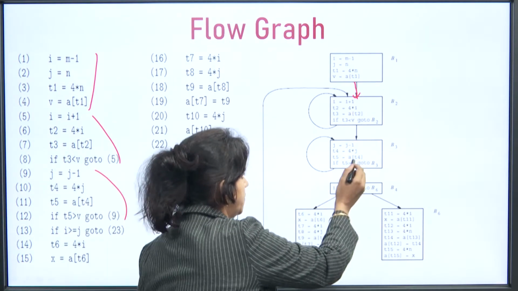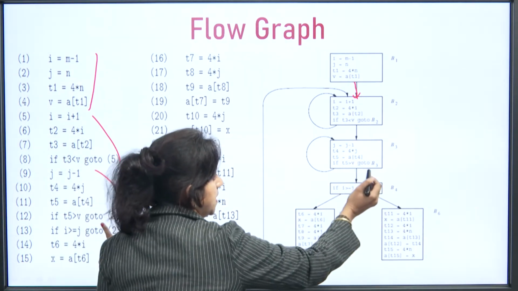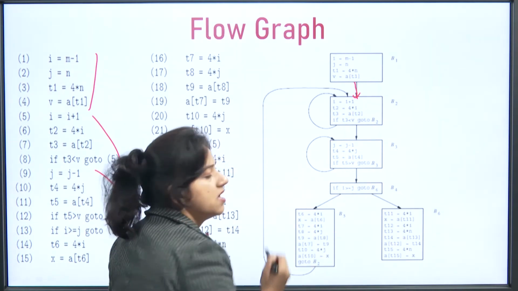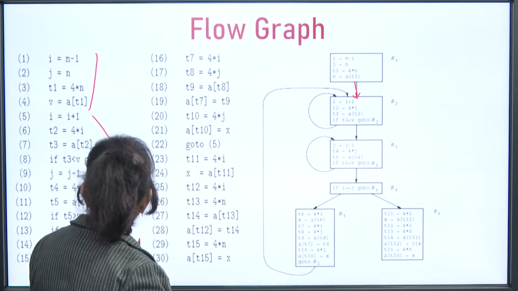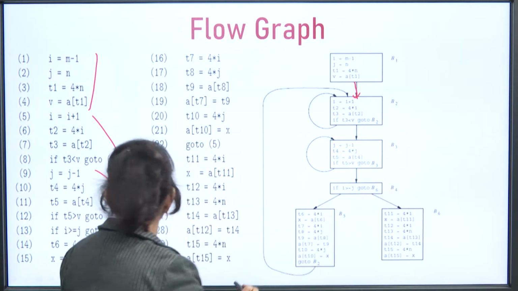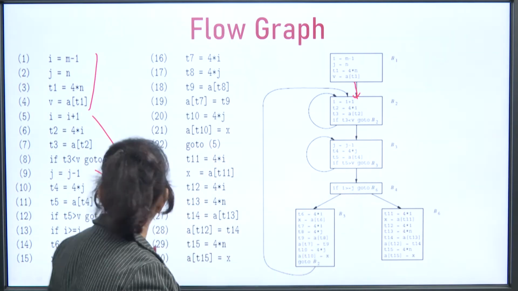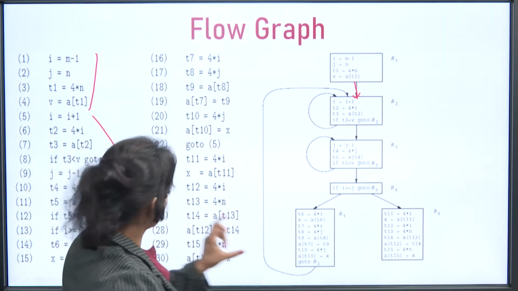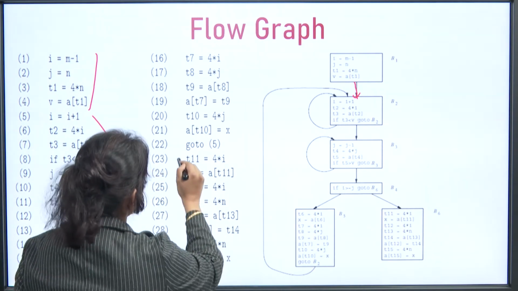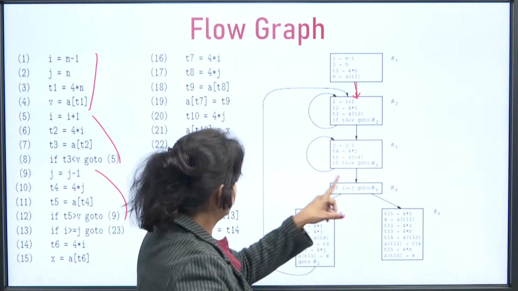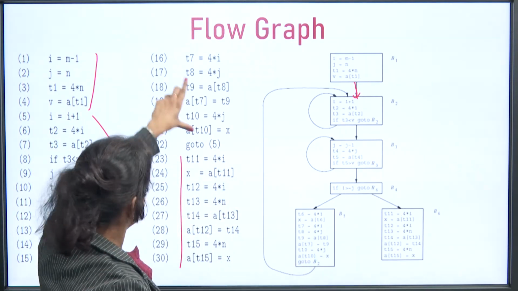Now, immediately after B2 we have block 3. If this condition is met, we will go to block 3, so again we have a loop here. Next statement: if i is greater than or equal to j, we will go to B6, and B6 is the whole part, so we mark the transition like this.